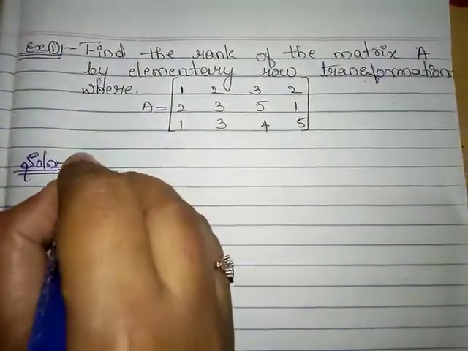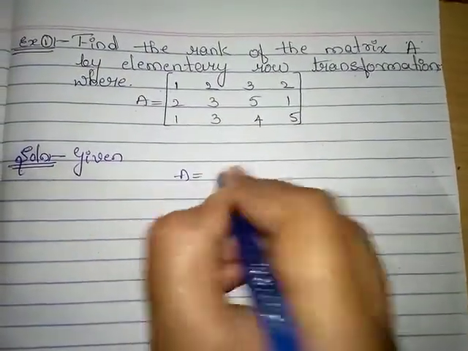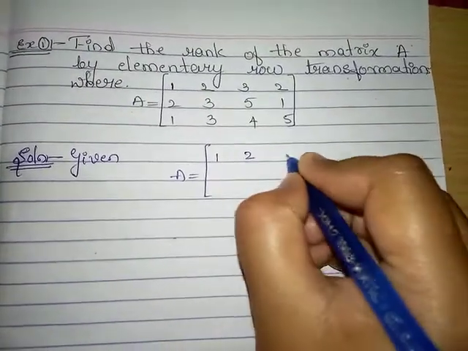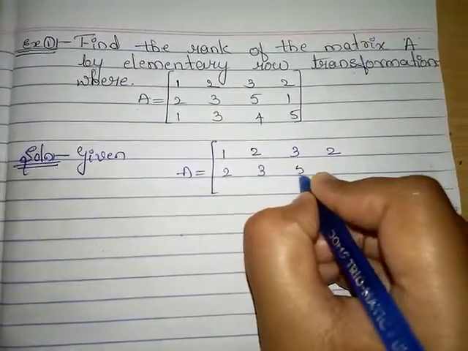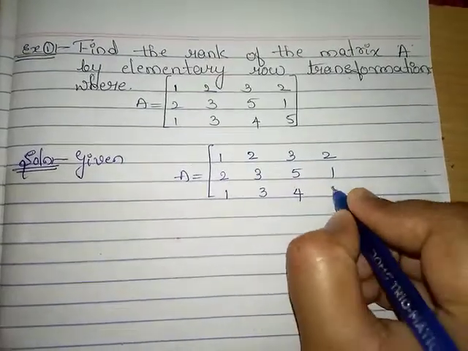Solution. First we write the given matrix. Given the matrix A equals [1 2 3 2; 2 3 5 1; 1 3 4 5].